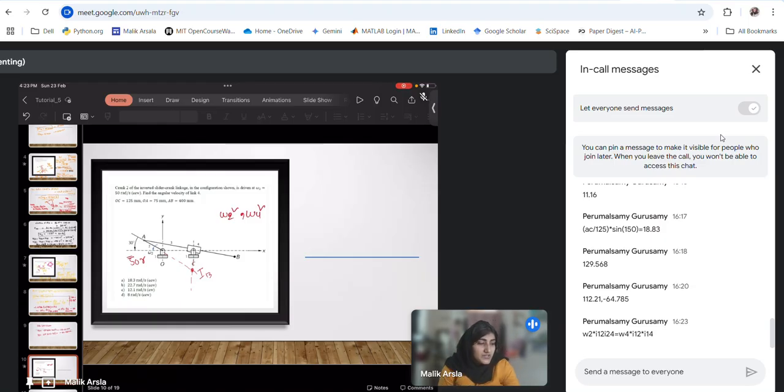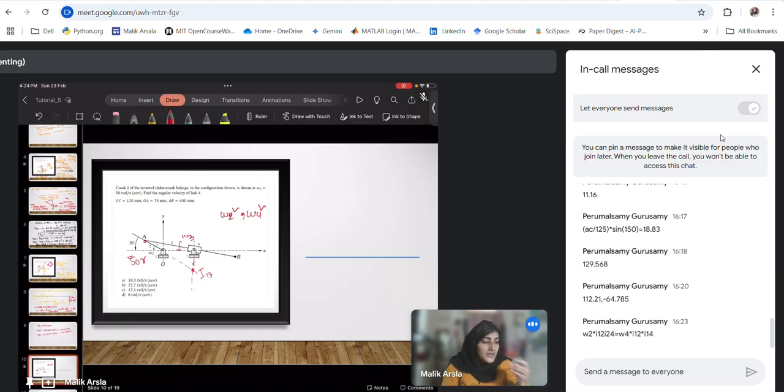Again, you can consider point A, right? Because point A can be related using omega 2 and this omega 3. Then you can write ROA into omega 2 will be equal to omega 3 into RAP, if I call this point P. Because this is basically I13, the instantaneous center of 1 with respect to 3.